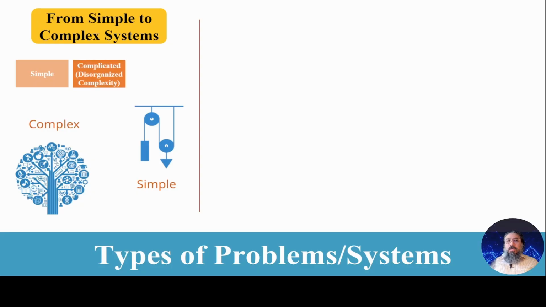The second group of problems or systems are complicated systems, also known as disorganized complexity, like gas molecules. These are not two variables. These are trillions and millions and billions of variables and components. They are very disorganized, almost purely random in behavior.